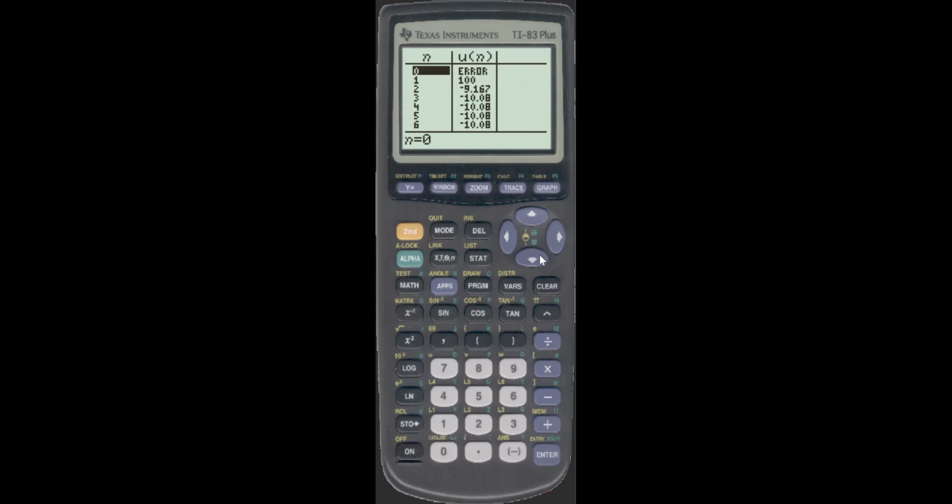And then you can see here, I have to make a slight change to this, but the table is where you're probably going to go next. Let me go back to y equals. Let me change this. So it's second insert plus, and then it would be a u(n).